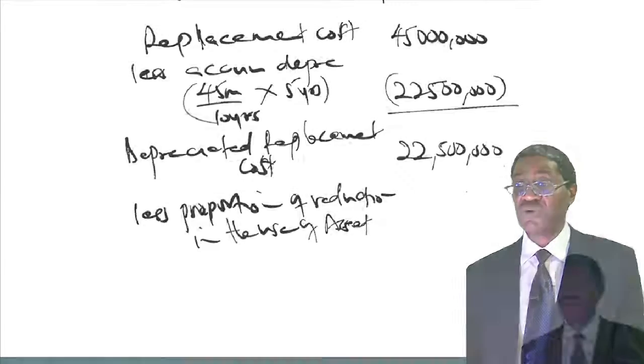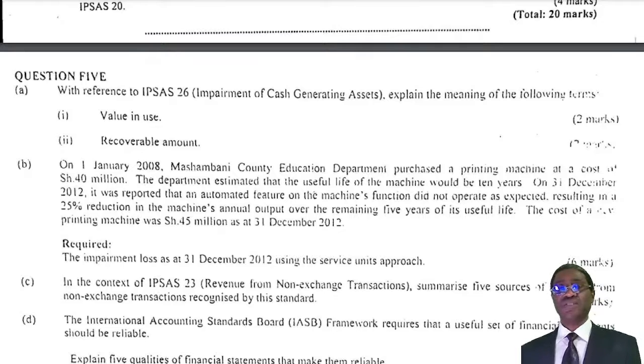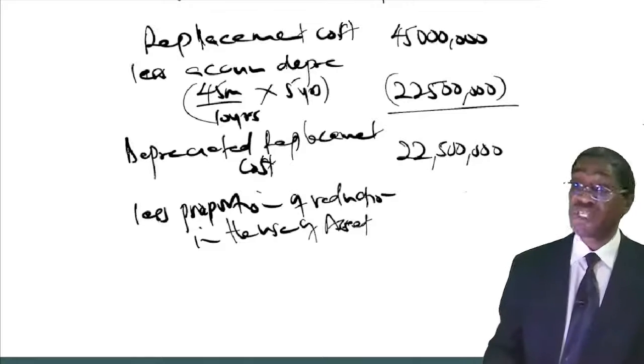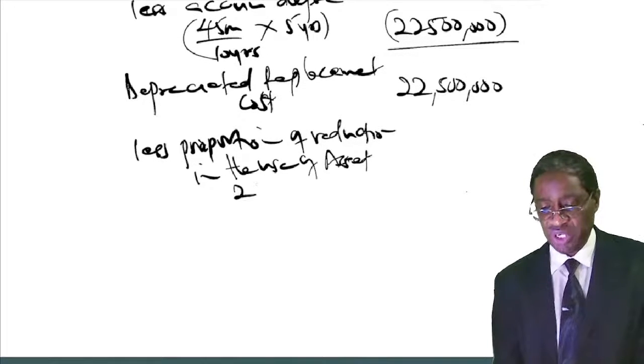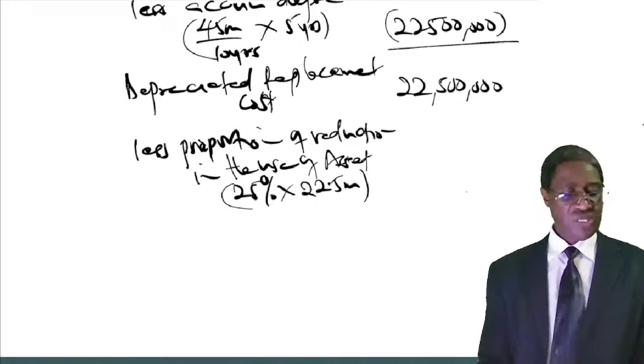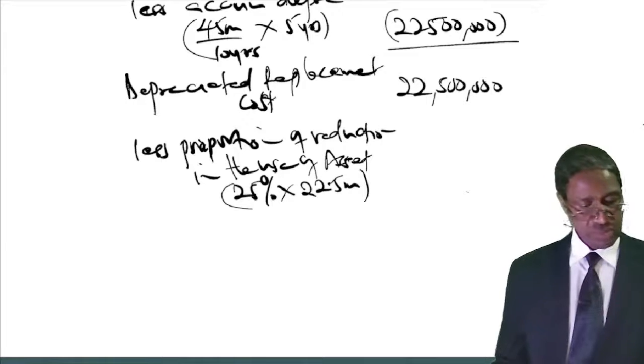Let me confirm. Yes. The second last line in part B says, resulting in a 25% reduction in the machine's annual output. It has lost 25% of its efficiency. We take 25% of 22.5 M. What does it come to?